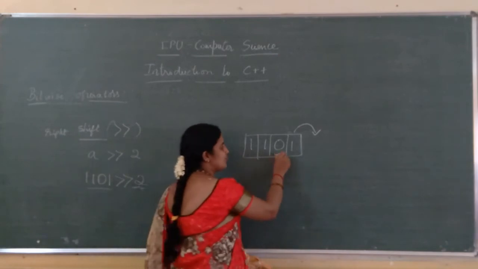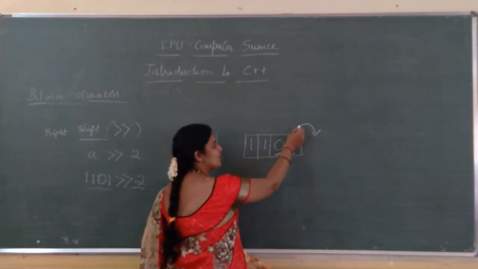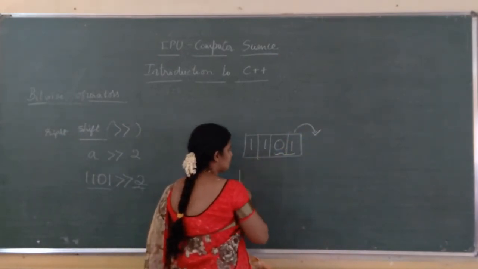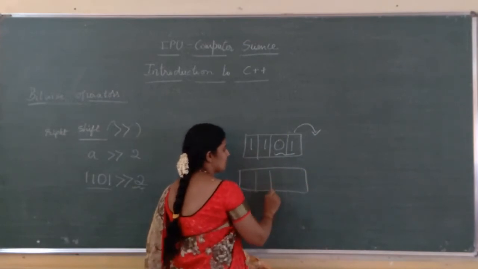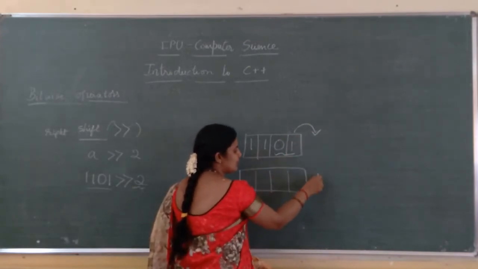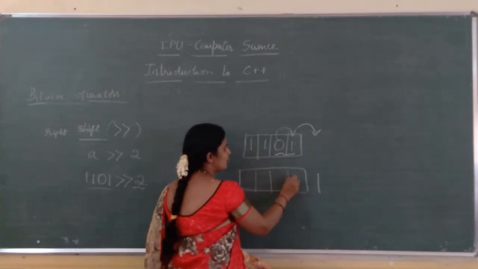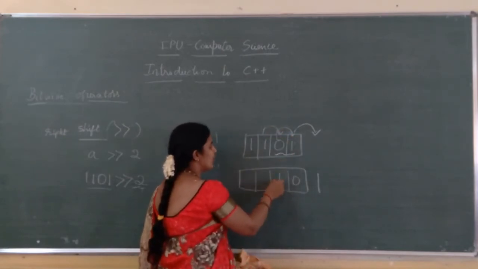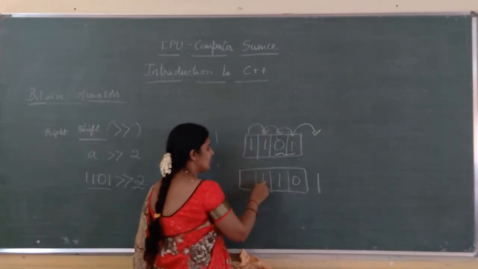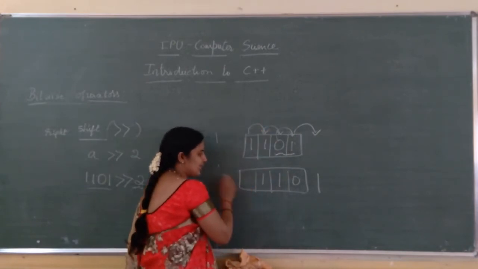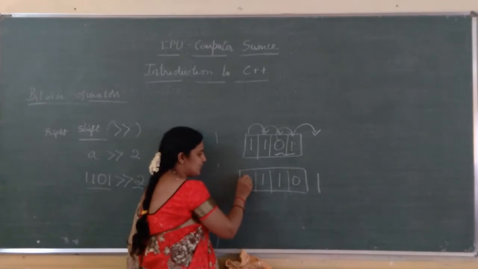How many bits? These 2 bits, isn't it? So I'll first shift this one out. I shifted this one out. This comes here, so 0. This comes here, so 1. This comes here, so 1. And here it is left blank, isn't it? So I'll put just 0.